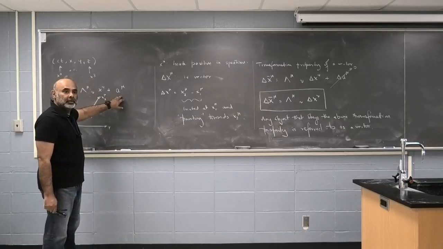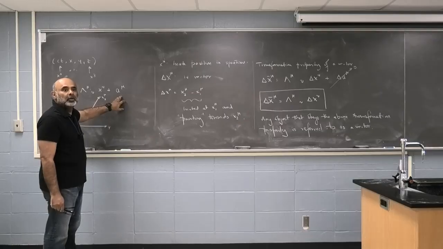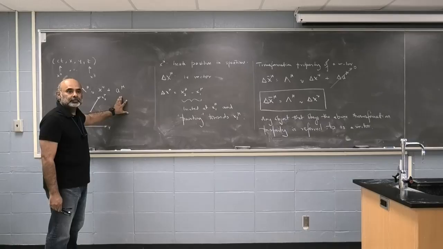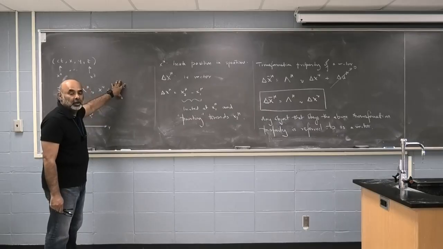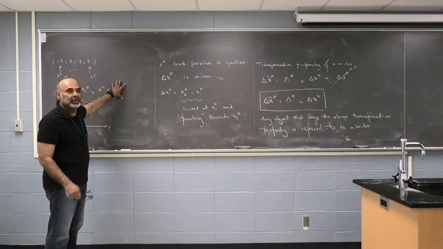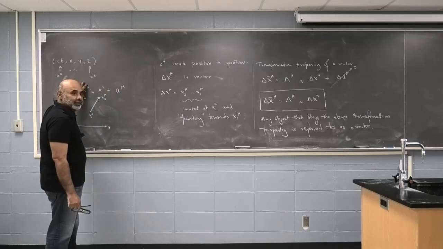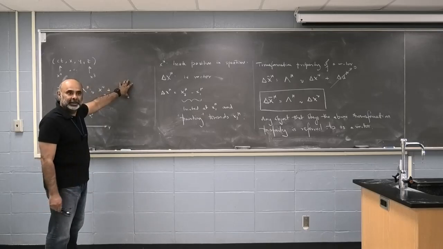So it just becomes x plus whatever you're translating to. If you're doing a Lorentz transformation and you're not doing any spatial or temporal translation, this will be 0. Conversely, if you're doing a space-time translation, this is identity, and that's what it is.